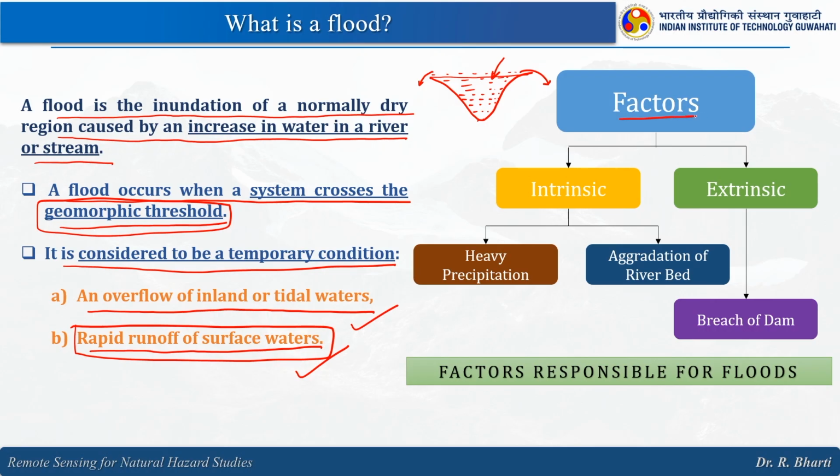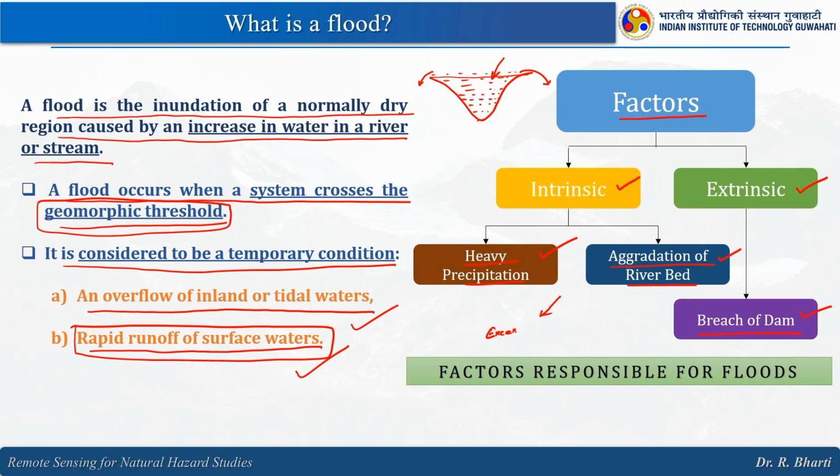When we talk about the factors, we have two different kinds: first intrinsic and then extrinsic. Among the intrinsic factors, we have heavy precipitation and aggradation of river beds. For extrinsic factors, we have breaching of a dam, which is one example. Heavy precipitation, aggradation of the river bed or breaching of a dam all result in excess water.